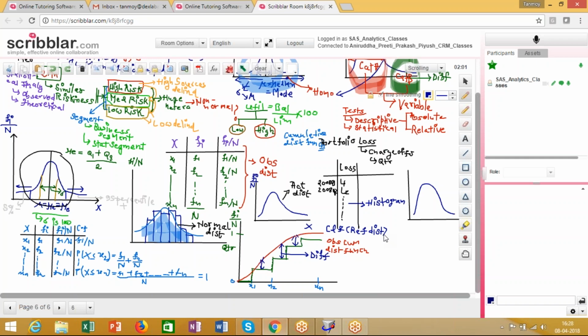So what are we trying to do over here? We have an observed distribution, right? Now we are trying to test whether that observed distribution is following a normal distribution or not. And that is why the reference distribution over here will be the normal distribution.